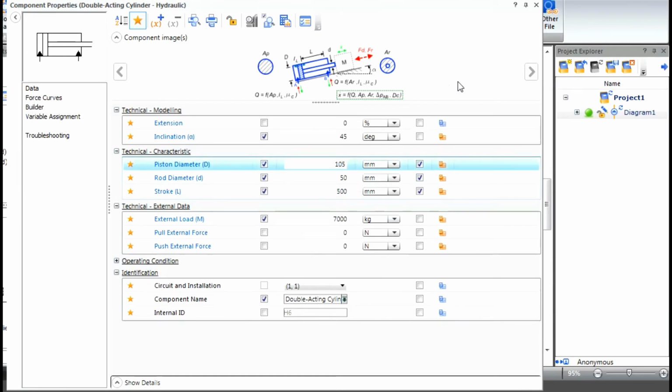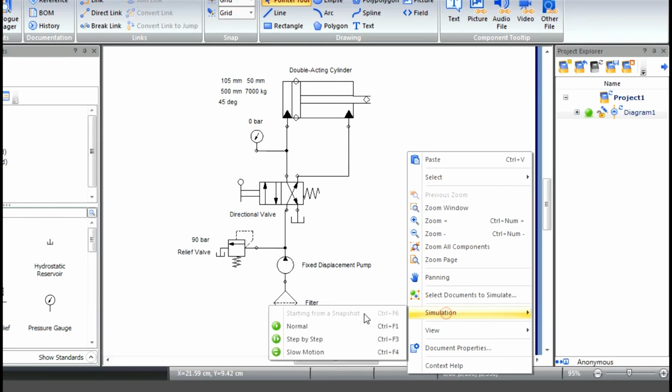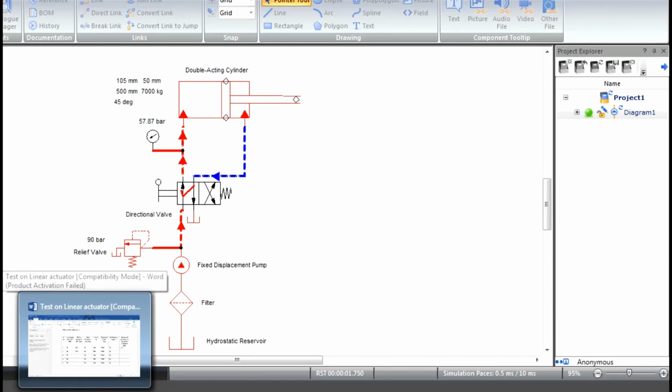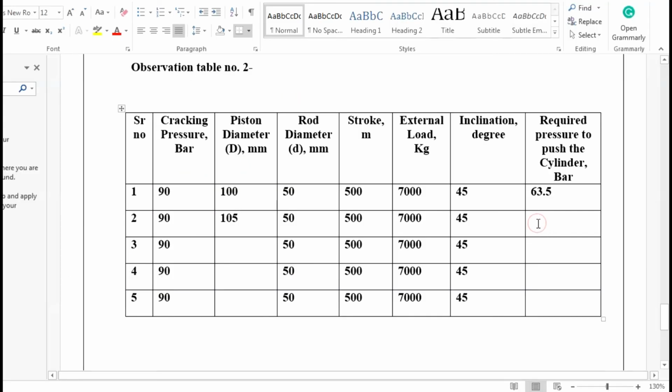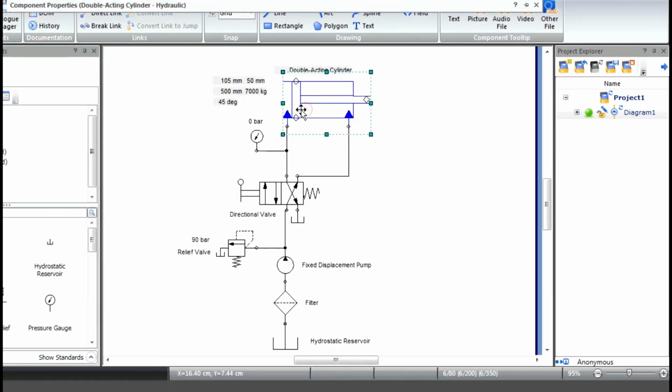Now by increasing the diameter by 5 mm, that is 105 mm, see how much pressure is required to push the piston: 57.9.